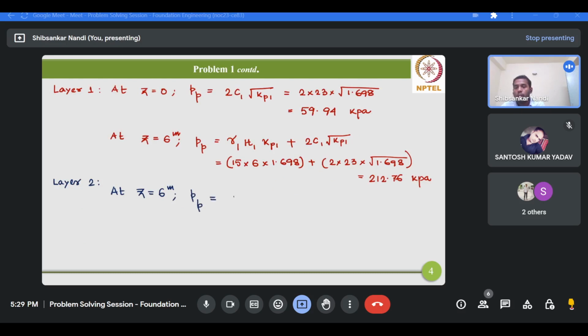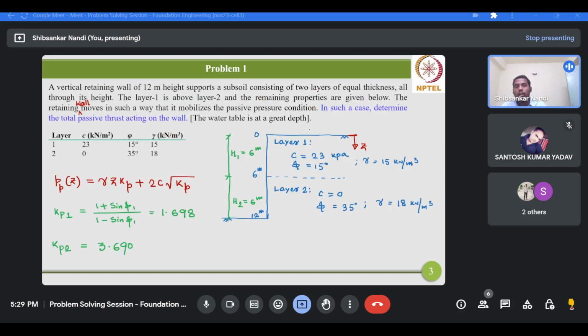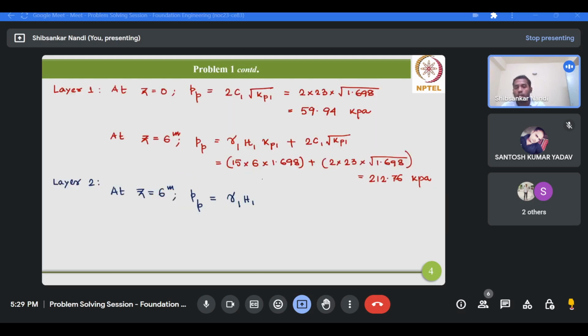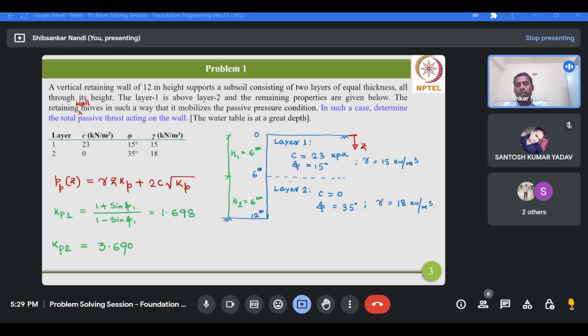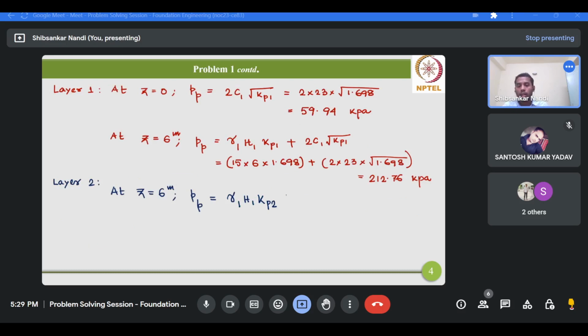PP would be gamma 1 H1, the vertical overburden at z equals 6 meter. This will not change. What will change is the passive earth pressure coefficient, because now you are in layer 2, so this will be Kp2. And since layer 2 doesn't have cohesion, the second component will not be there. This is the only term for calculating the passive earth pressure at the top of layer 2.